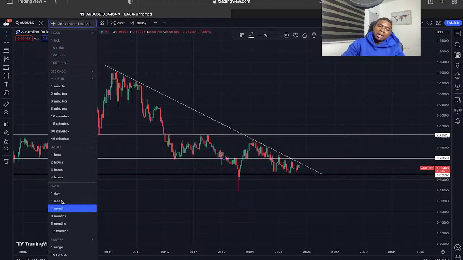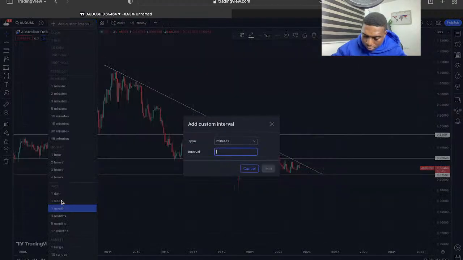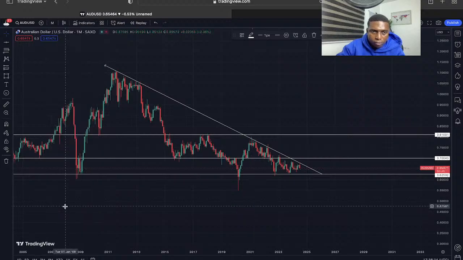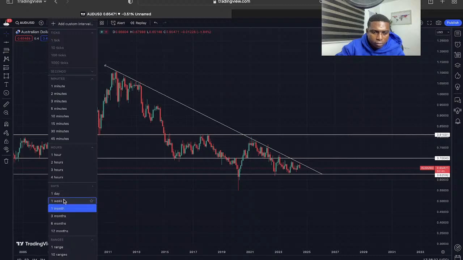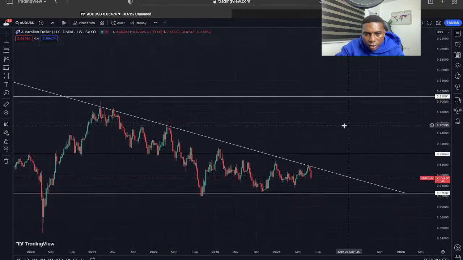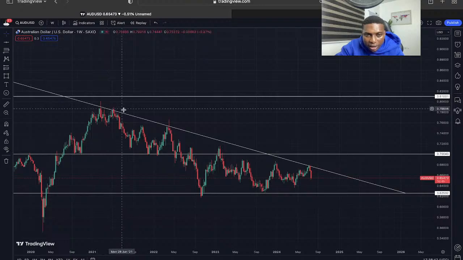All right, let's look at the weekly time frame. Okay, so of course we can see clearly that on the weekly time frame we are having higher lows.